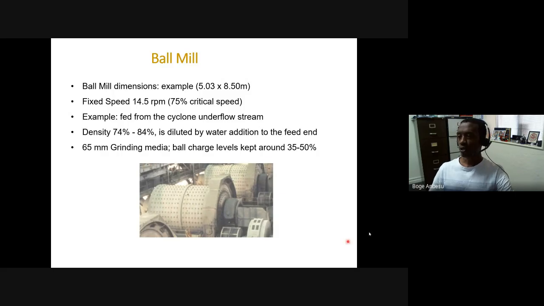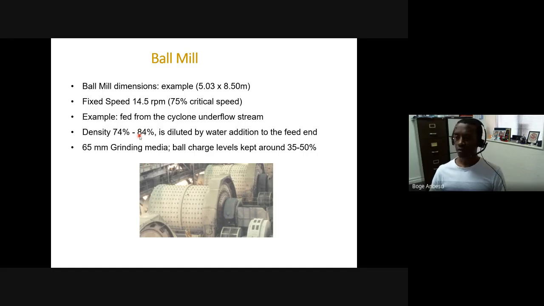Okay, so with ball mill, again, balls instead of rods are used. An example of mill rotation, somewhere around 14 revolutions per minute, operated around 70-75% of the critical speed. And density that we're targeting is around 70 to 80% as well.